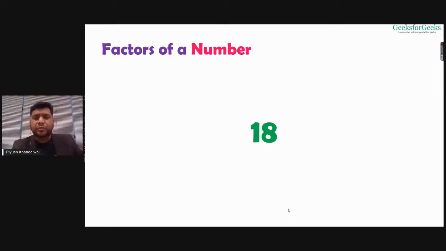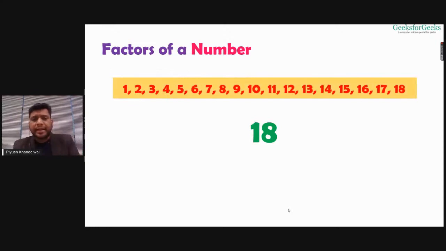Suppose I start from 1, and till what number will I be getting factors of that number? So I take a range, 1 to 18. I'm going to get the divisors, the numbers that can completely divide 18, from 1 to 18 only. All of us know that no number greater than 18 is going to divide 18.